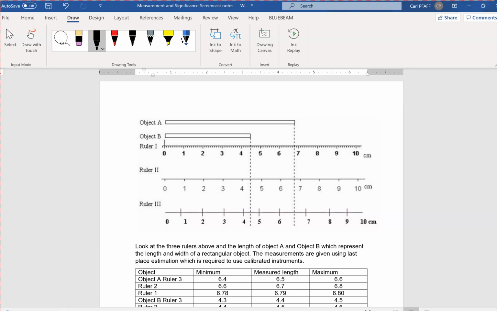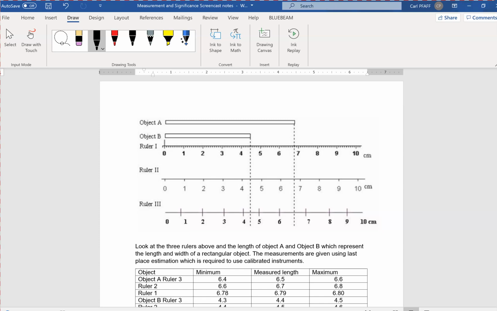Then if we looked at ruler number 2, we might both look at that and say, I say it's 7.7, you say it's 7.6. Neither one of us wrong, just my estimation and your estimation. However, if we look at ruler number 1, we look and see that it's 6.1, 2, 3, 4, 5, 6, 7, and it's not quite to the 6.8.